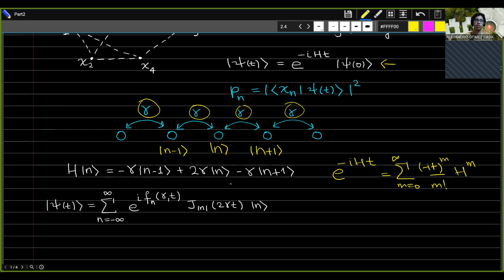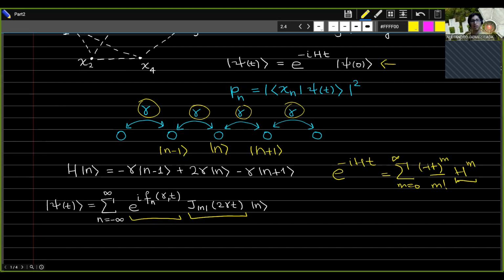The thing is that after writing this Taylor series and finding an expression for this, we can use a relation, an expression for the Bessel functions. Actually, the first kind Bessel function. And here we have the function, and we also have a phase, which is some function which is different for each index n, and depends on the transition probabilities and time.